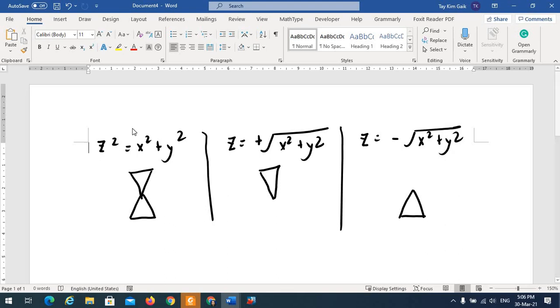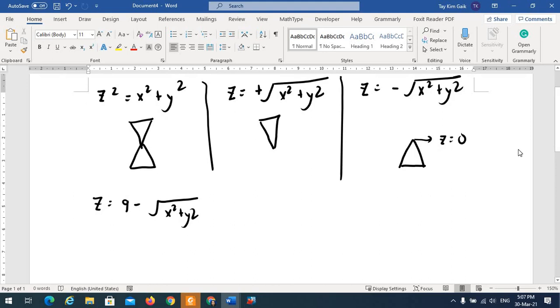Now, let's say z equals 9 minus the square root of x squared plus y squared. This point here is z equals 0, and then this one will move up to somewhere here, z equals 1.